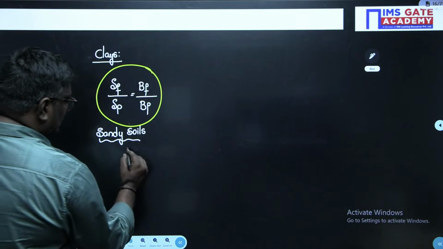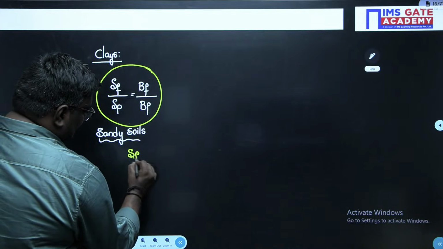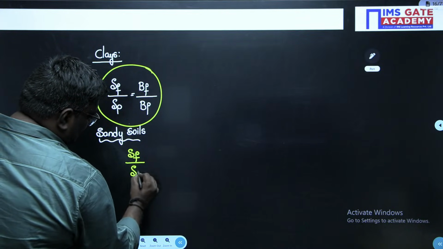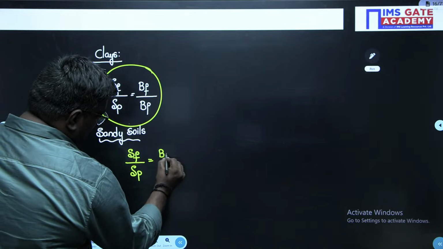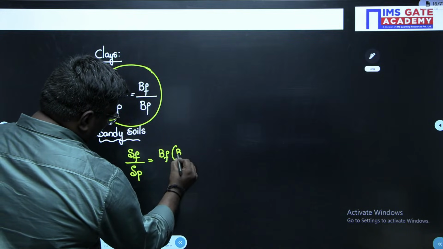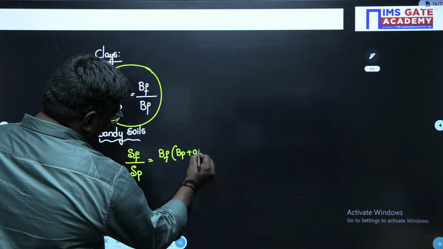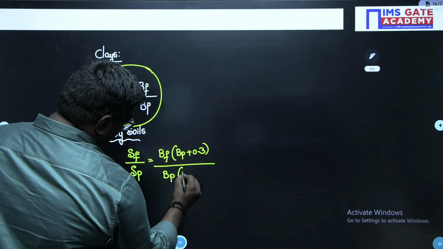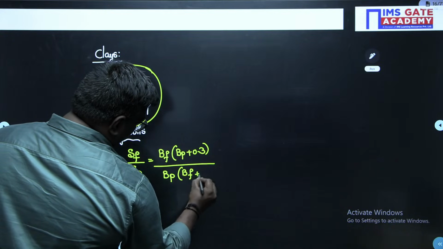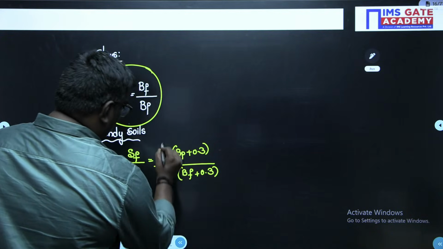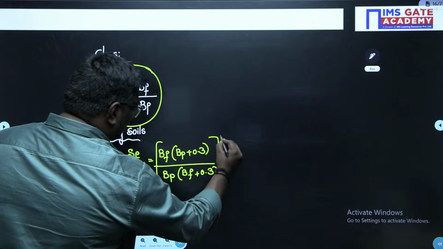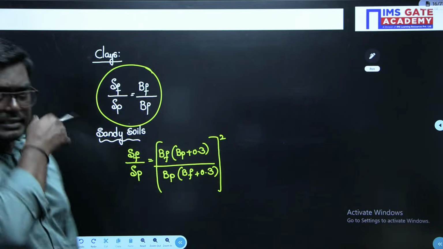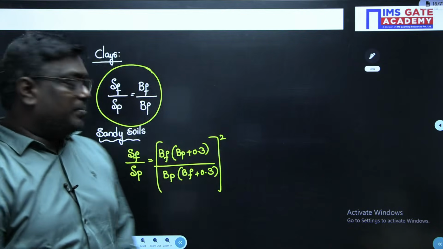For sandy soils, this can be written as SF by SP is equal to BF into BP plus 0.3 plus BP into BF plus 0.3 whole square. And remember, in the first case, units are not a big issue.